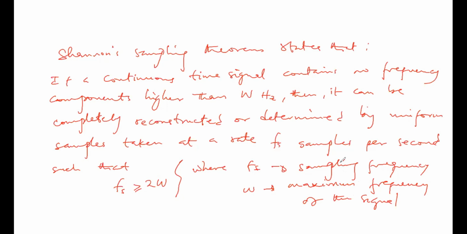And in terms of the sampling period, we can restate the sampling theorem as T being less than or equal to 1 over twice the maximum frequency, where T is the sampling period, okay?